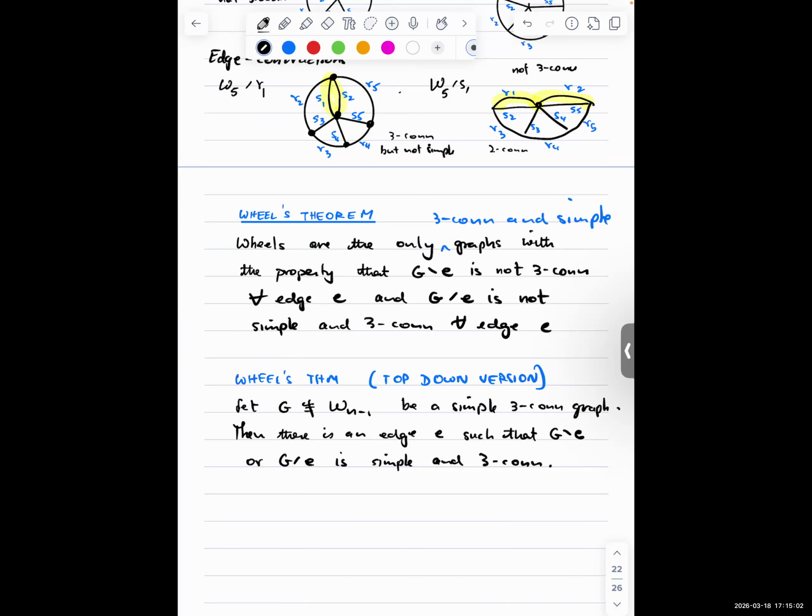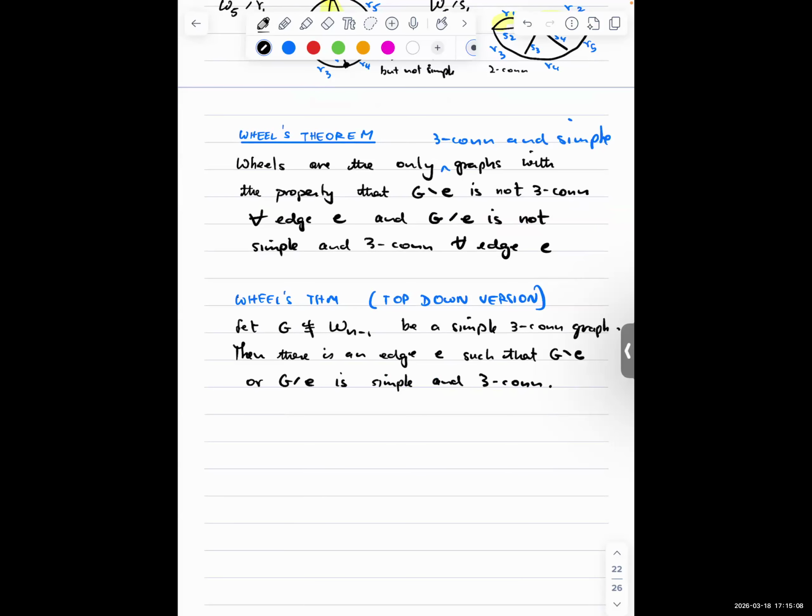And what this does is it allows you to do induction. Actually, from Whitney's theorem and those corollaries that we did, we can show easily that every 3-connected graph has an edge whose contraction is 3-connected, right?